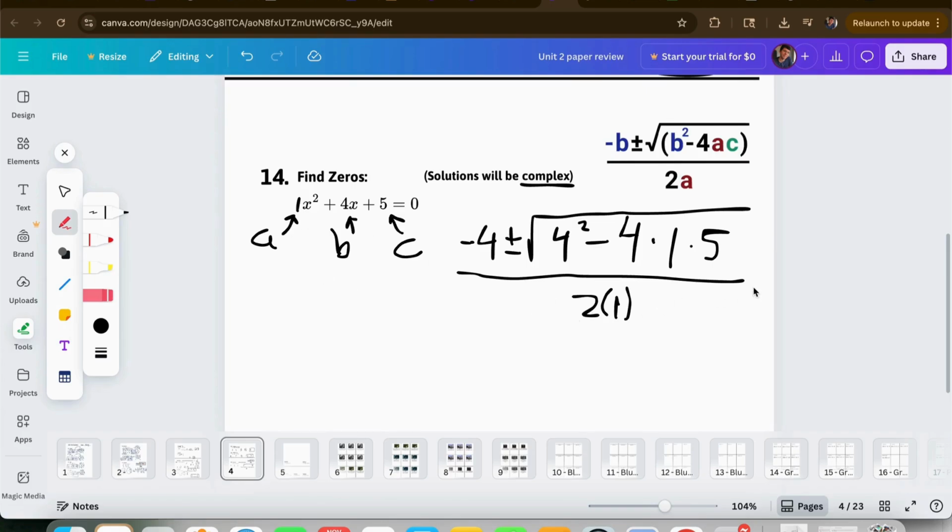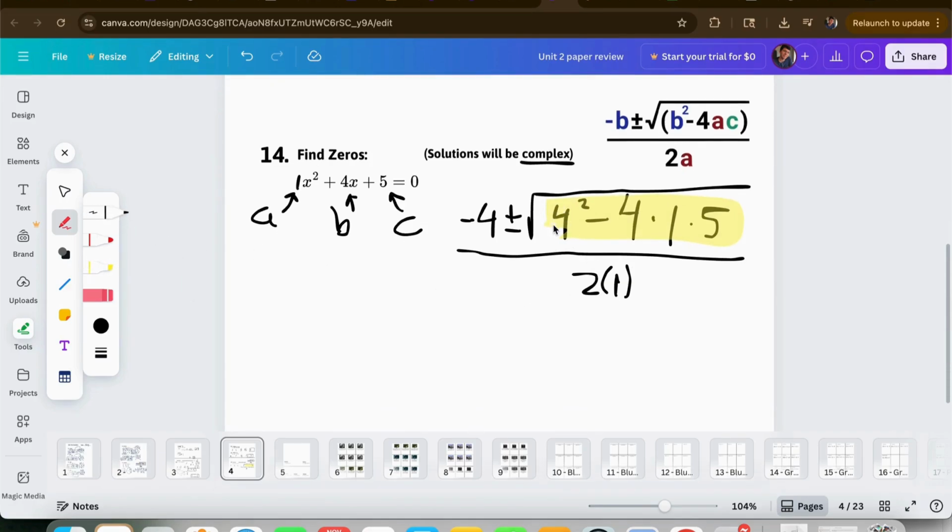Again, that's the A. All right, now if you were to plug this into a calculator, instead of just printing the answer, you're going to get an error. So what gives? What's happening here is this inside bit, what we call the discriminant, is going to come out as a negative. Watch, what's 4 squared? That's 16. What's 4 times 1 times 5? That's 20. What is 16 minus 20? Well, that would be a -4.